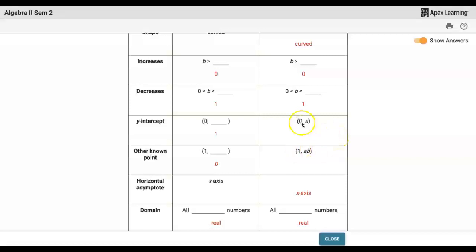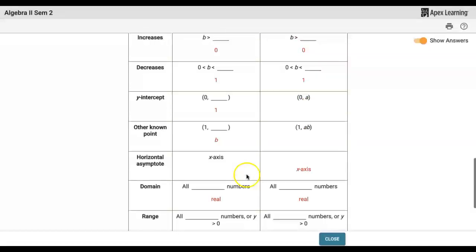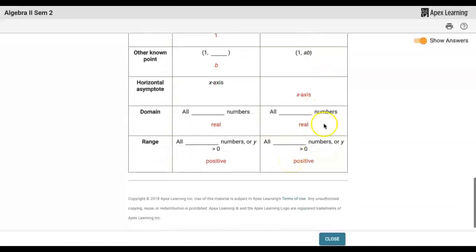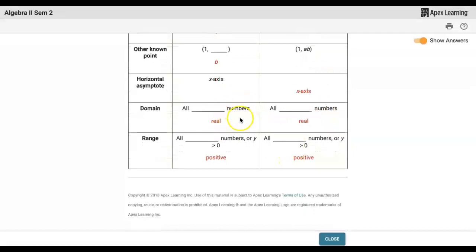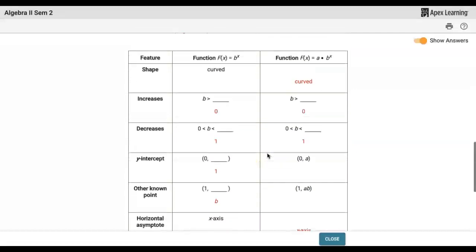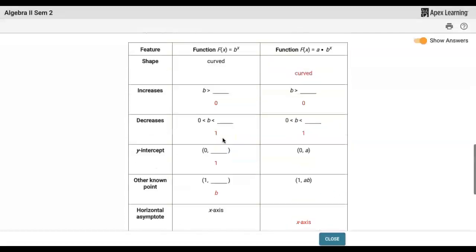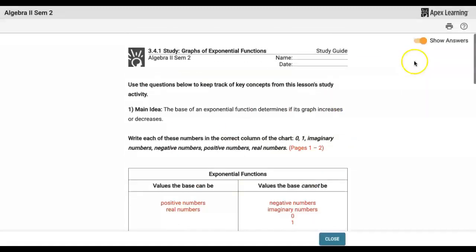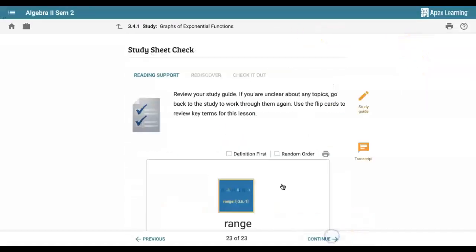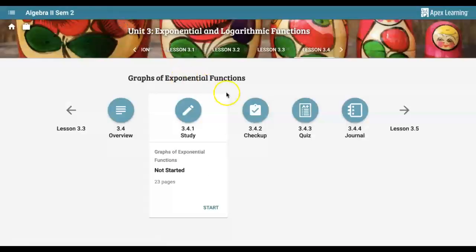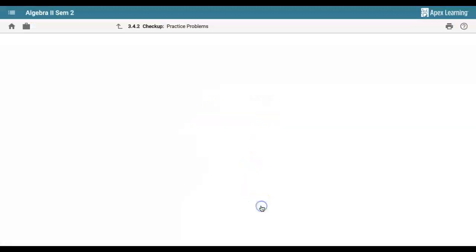So that point gets modified by the presence of that a value, that constant out in front. They both have the same horizontal asymptote and the same domain and range. This table is going to be really beneficial for helping you solve a lot of problems.